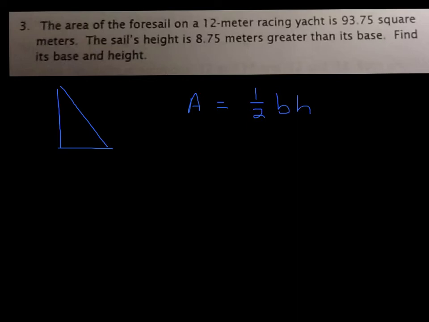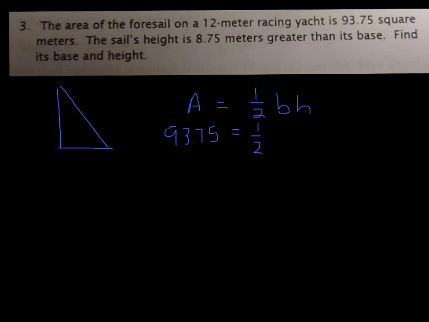Well, it says here the area is 93.75 square meters. We're not going to do the meters just yet because we don't want to put any extra thing in there. So 93.75 equals 1/2 the base times the height. It says the height is 8.75 meters greater than the base.